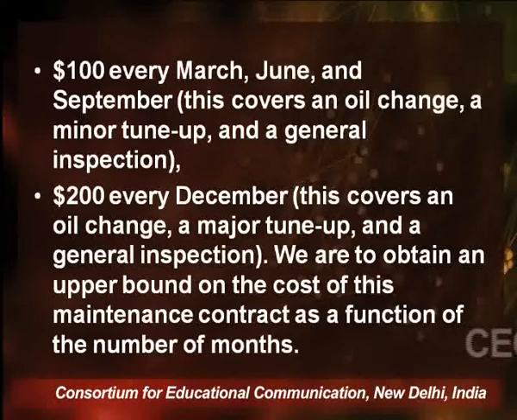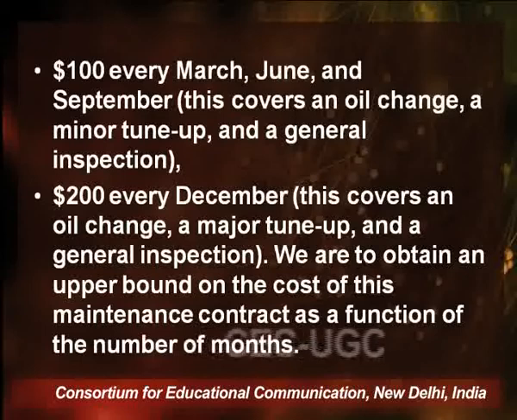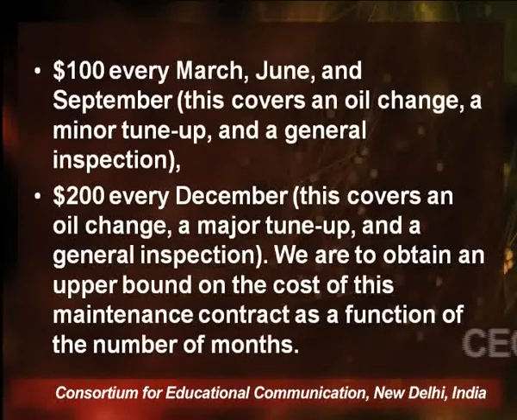Now coming to how we are going to perform the amortized analysis of this particular application scenario of the maintenance contract. So, what are we trying to do? The agenda here is to obtain an upper bound on the cost of this maintenance contract as a function of the number of months. This is very important.